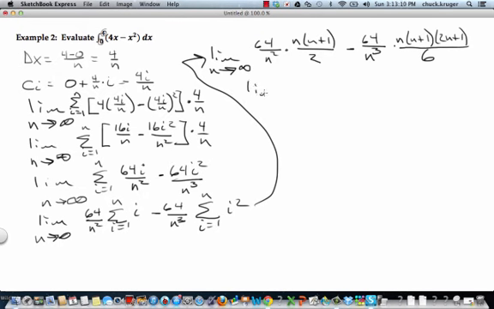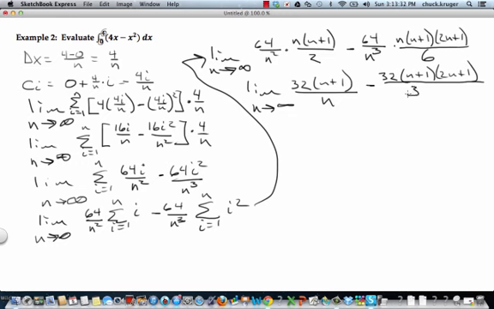And I'll be able to simplify right here. And I get 32 times n plus 1 over n minus, and the 64 and the 6 are both even, so I'll have 32 times n plus 1 times 2n plus 1 all over 3n squared.